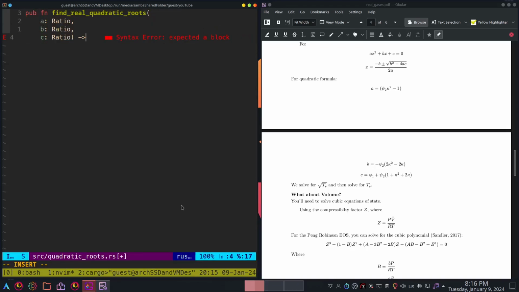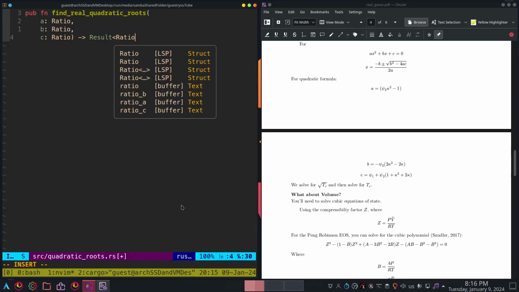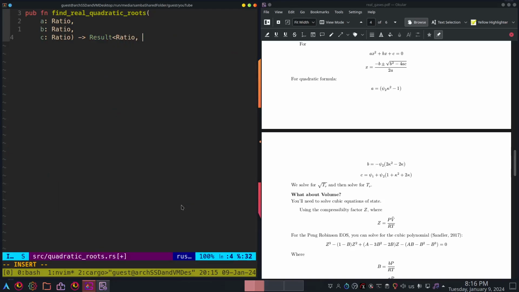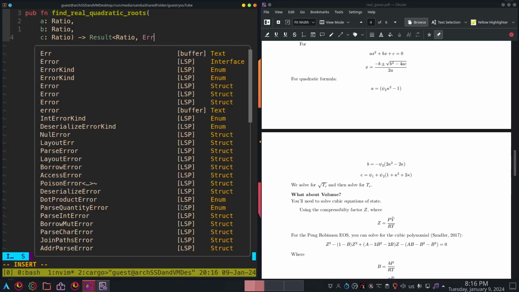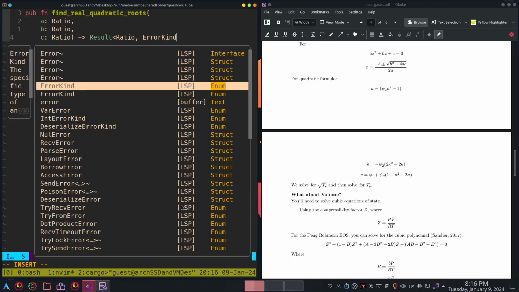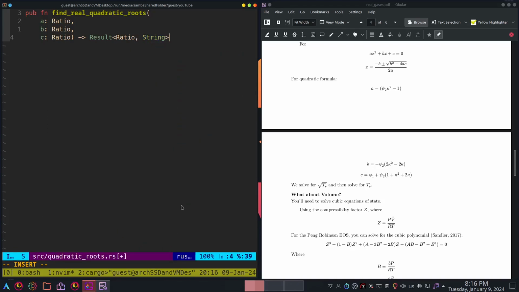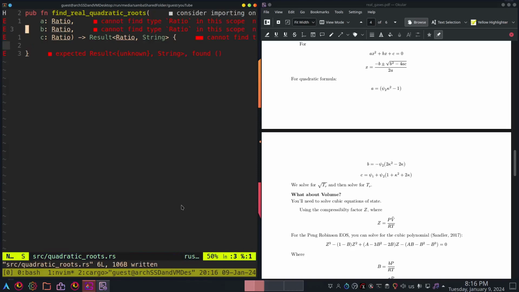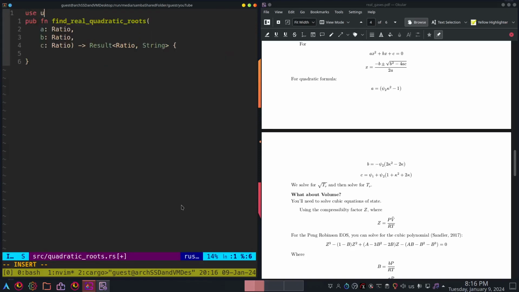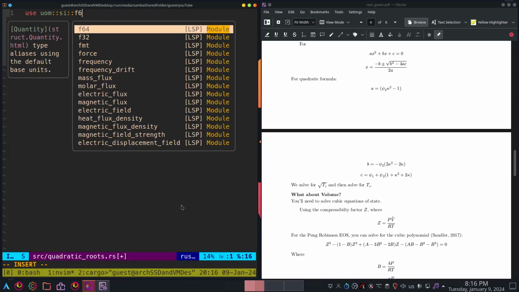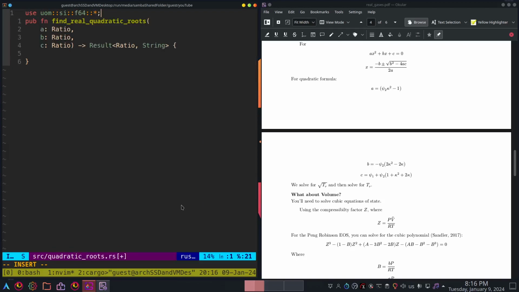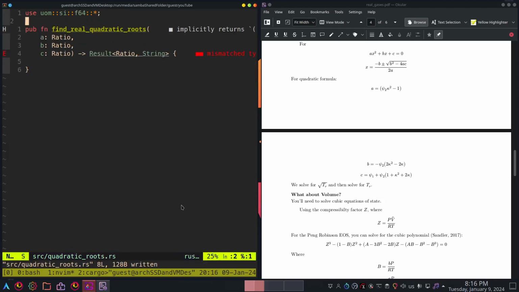It will return a result, ratio, and I'm going to put some error type here. I'll just put a string as a placeholder. And I'm going to use OpenFOAM SI F64 star. You've seen this often enough.